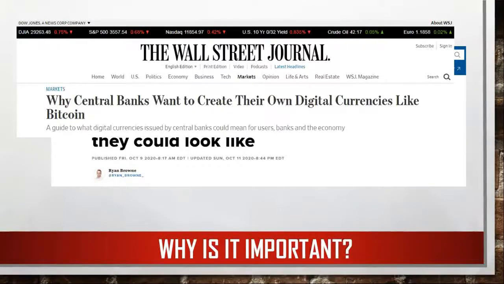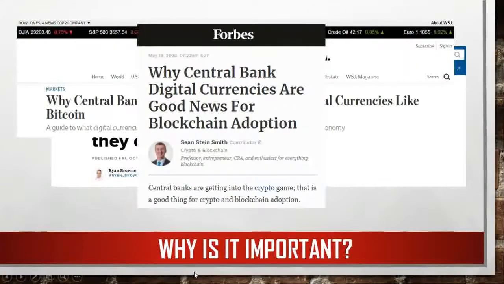We had Christine Lagarde on the telly today talking about how they need to regulate cryptocurrency, and a lot of central banks are now looking into their own digital currency, because what they want to do is dupe people into believing that their digital currency is going to be the same as Bitcoin, when in fact it's going to be a stable coin and it will not appreciate in value that much over time. It's a stable coin, which means it stays at the same price.